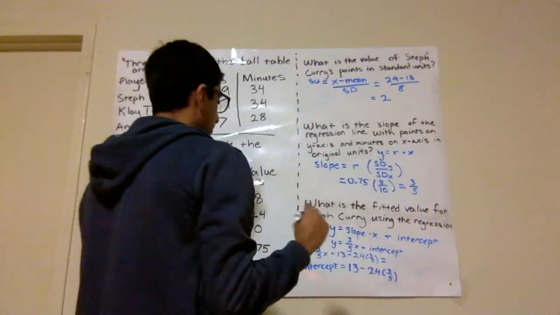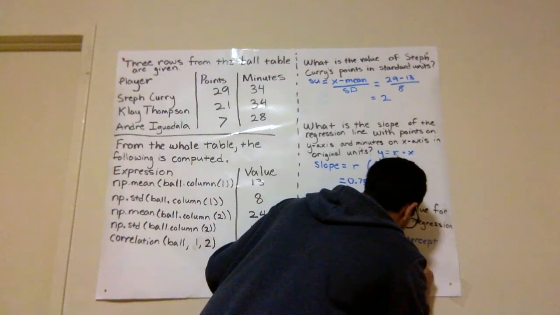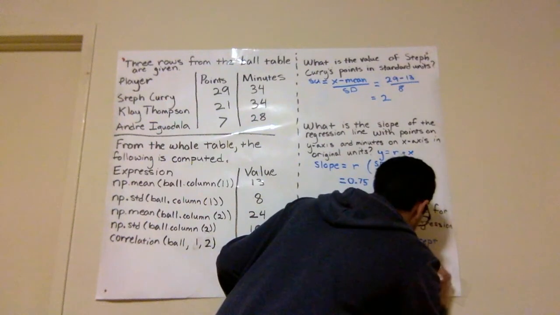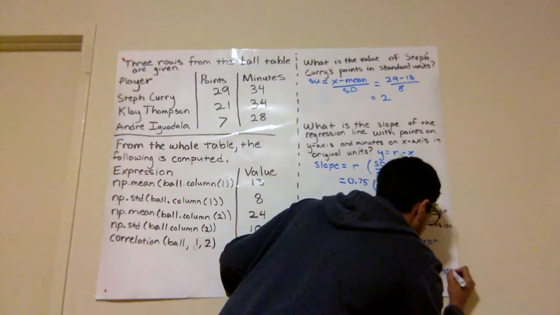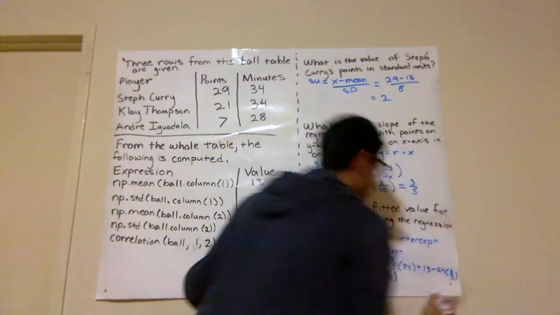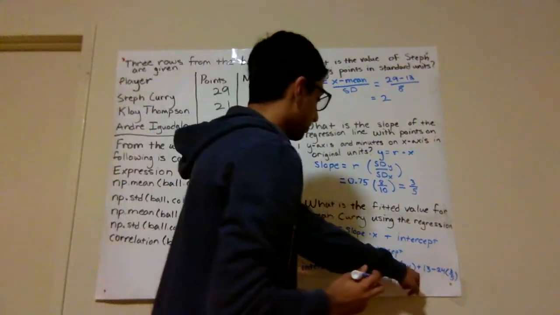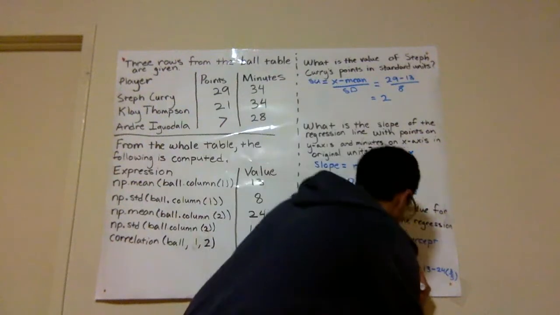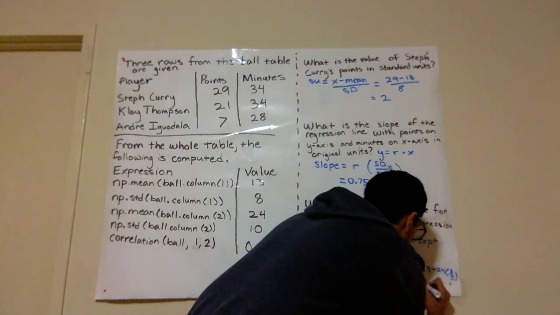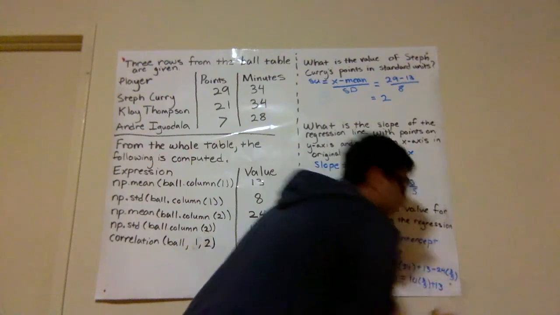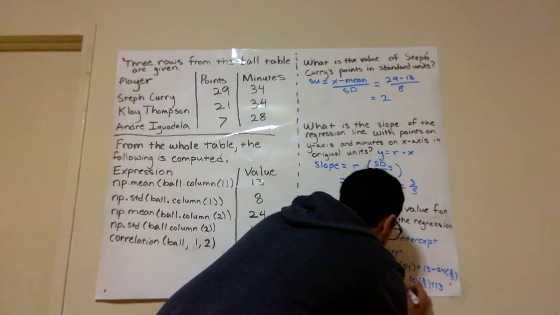And this equation will give us 3/5 times 34 plus 13 minus 24 times 3/5. These are basically going to equal 10 times 3/5 plus 13, which gives us the same value as we covered before, 19.